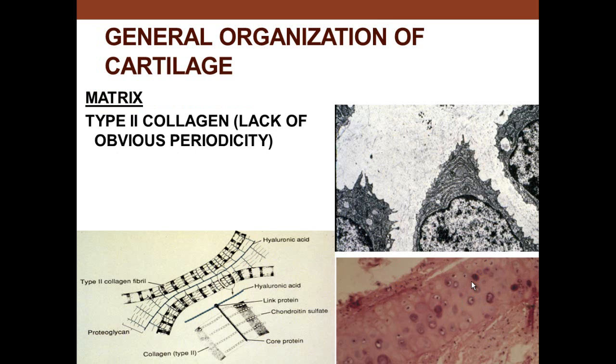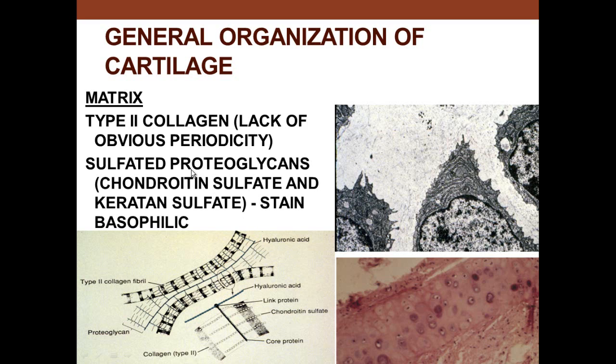Now, the matrix has type 2 collagen. Type 2 collagen lacks the obvious periodicity. It does have periodicity, but not as elaborate as that of type 1 collagen that we see in bone. So we see the type 2 collagen fibers, and then you have a hyaluronic acid core with proteoglycans, and some of those are sulfated.